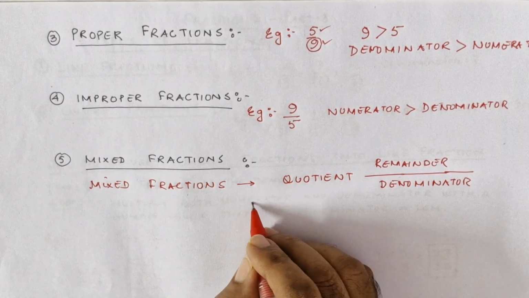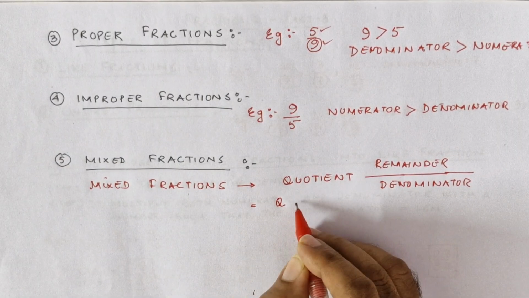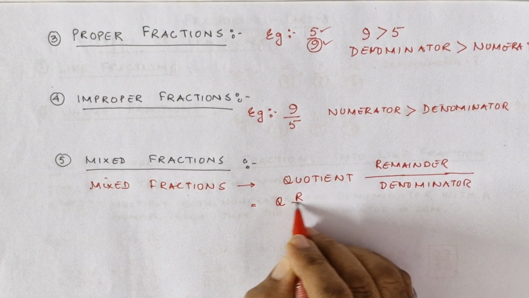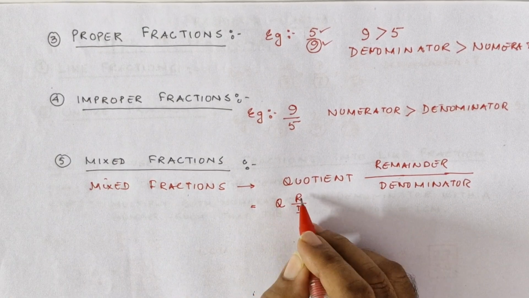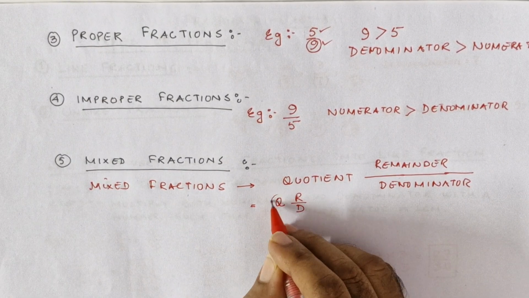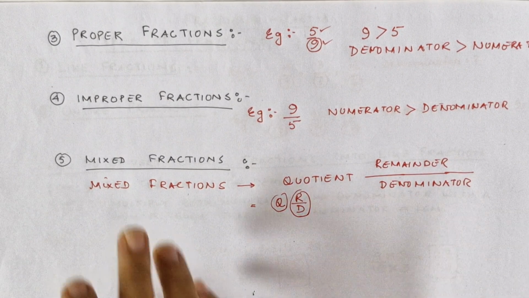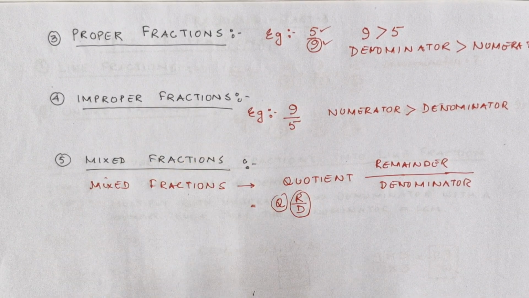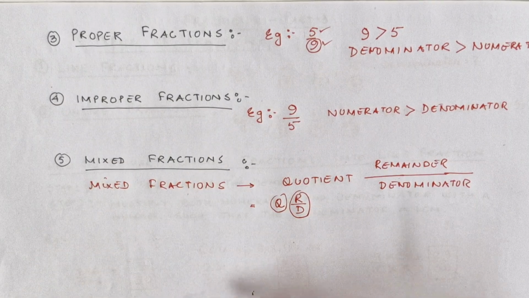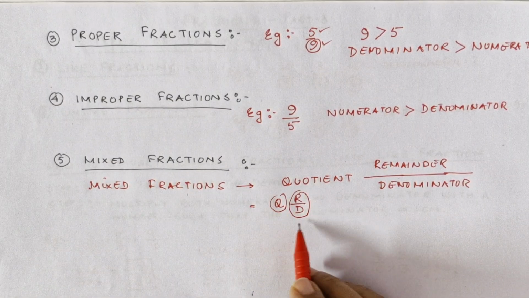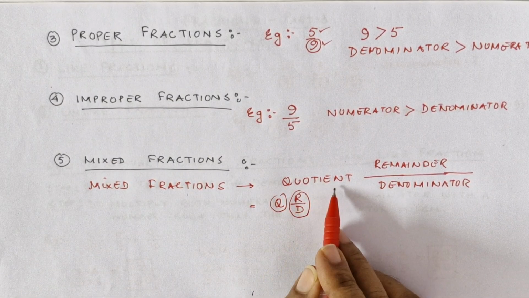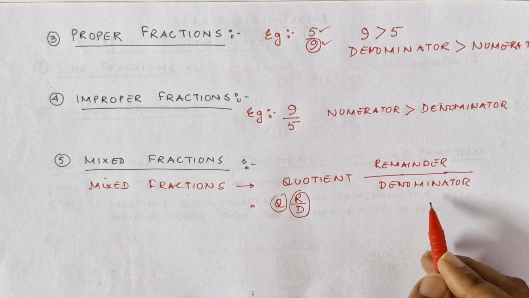So in short we can write Q R/D. This is the whole part and this is the proper fraction part, right? So an improper fraction can be represented as a mixed fraction: quotient, remainder divided by denominator.